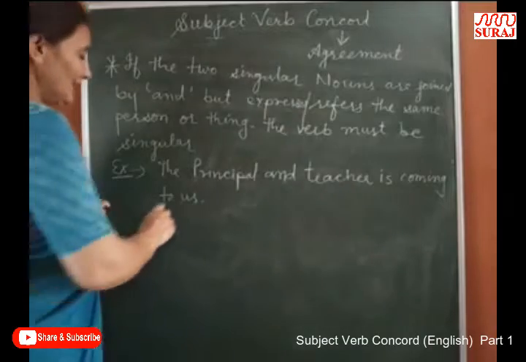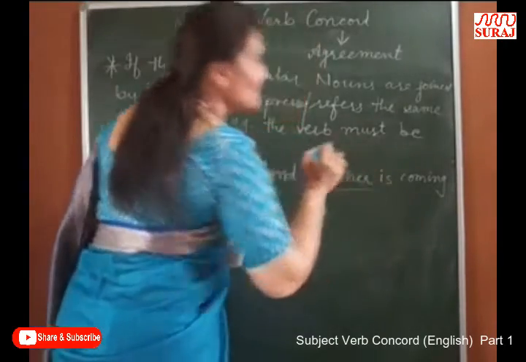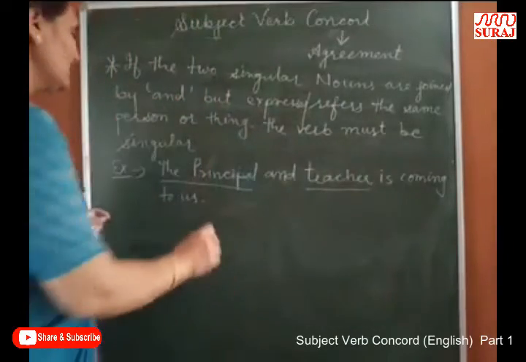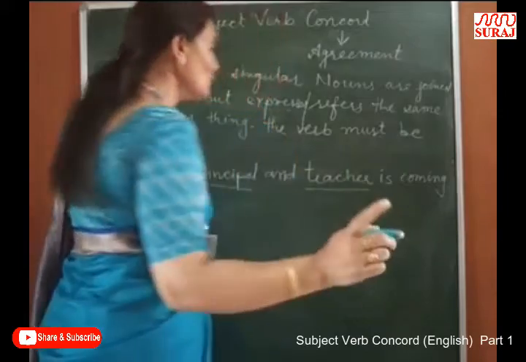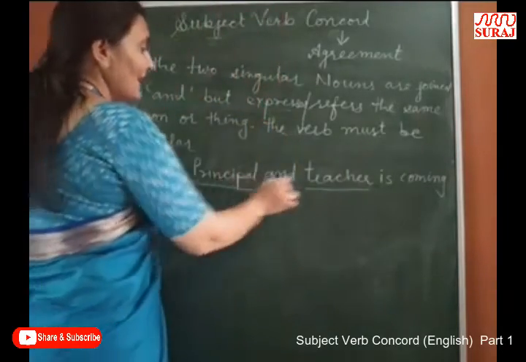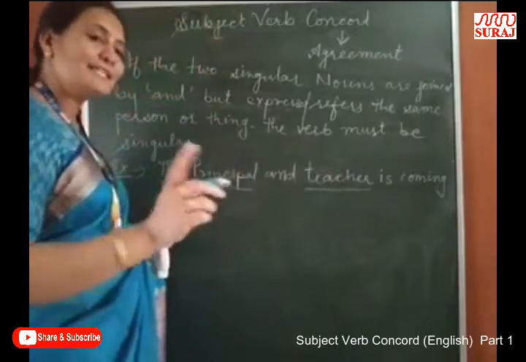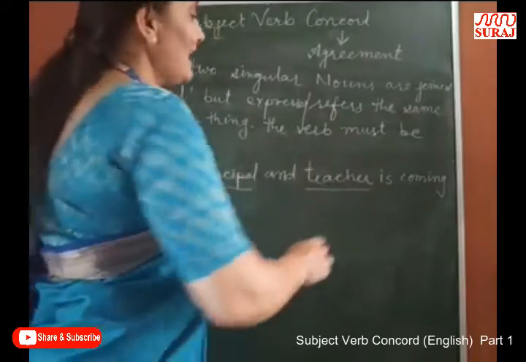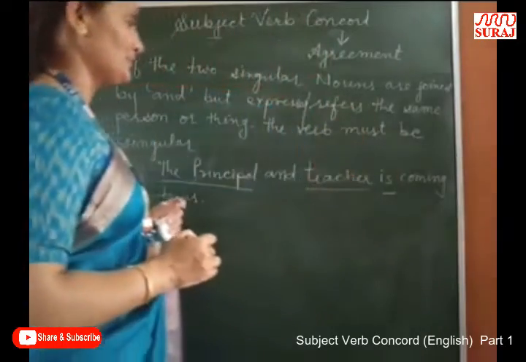Dear student, here I have written two singular subjects, two nouns. First principal and second teacher. There are two nouns here, principal and teacher, but both refer to the same person. That's why I have used a singular verb.